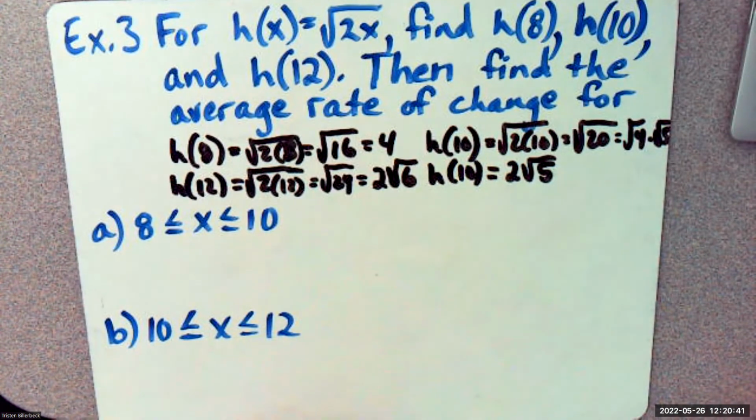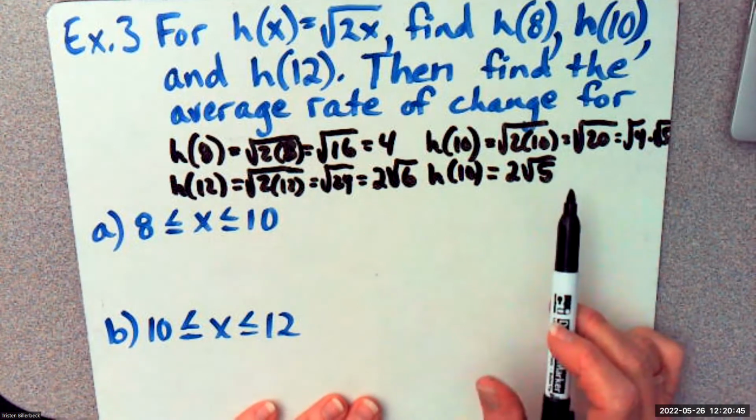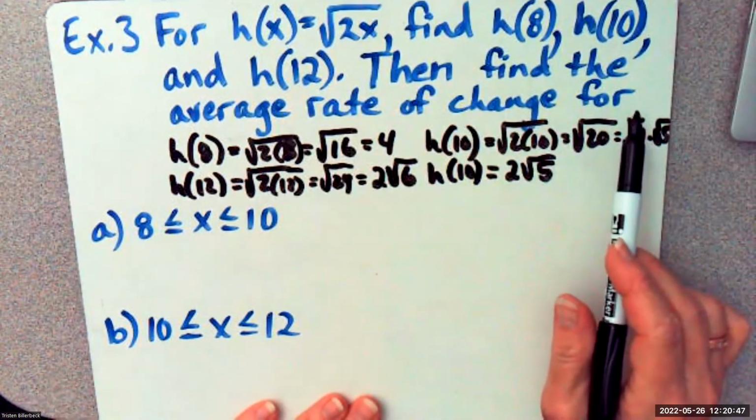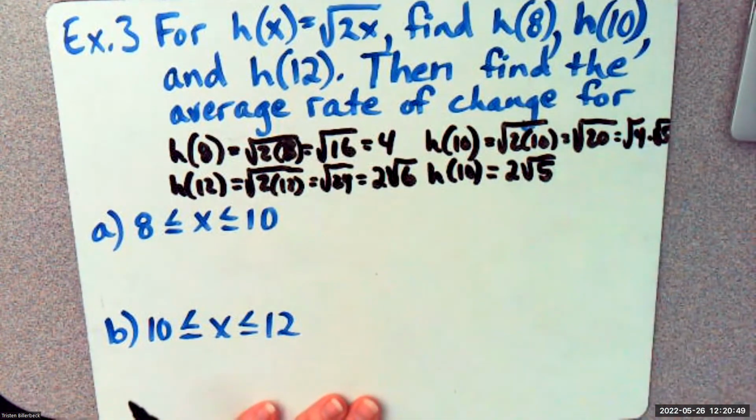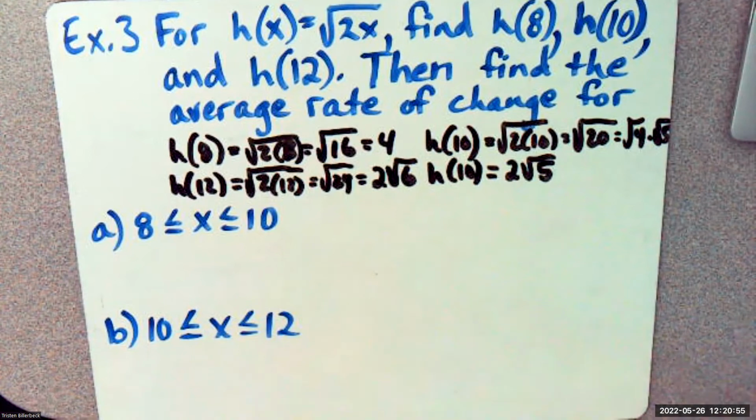So this one's going to be a little bigger than that one. Then we want to find the average rate of change. The average rate of change for these two is not going to be so easy unless we find the decimal values. So let me do that.